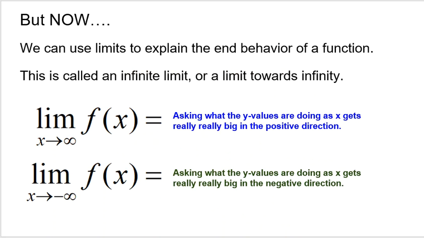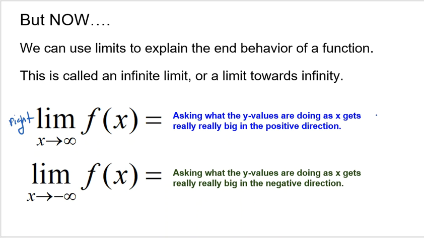So here we go. Here are limits towards the ends. These are called infinite limits or limits towards infinities. The first one is saying, what is the limit as x approaches infinity? This is saying, as we go way to the right, what is our function doing? Again, it's asking what the y values are doing as x gets really, really big in the positive direction.